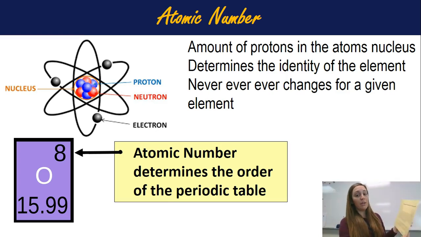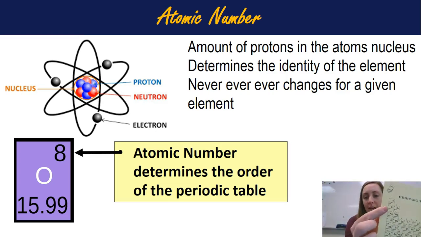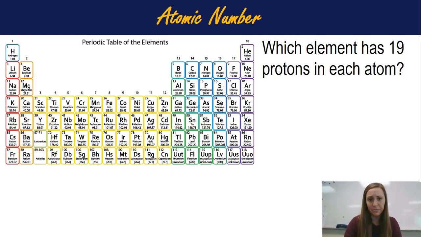So if you look at your periodic table and you start reading it like a book, if you start on the left-hand side and go to the right, you'll notice hydrogen has 1 proton. Helium has 2 protons. The next one, any atom with 3 protons, would then be lithium. So it always goes in order 1, 2, 3, 4, 5. That's the atomic number.